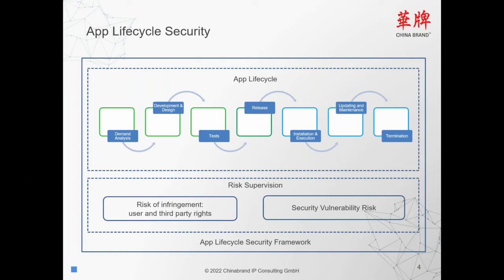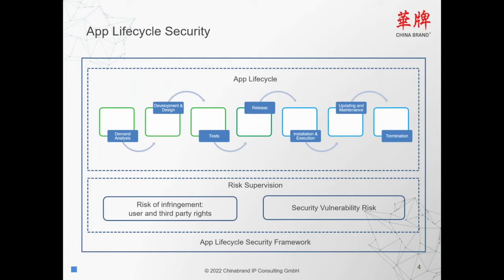Each of the 7 phases is fraught with security risks that require security analysis and management at each stage of an app's lifecycle. Depending on the different characteristics of the apps, the security risks may vary.